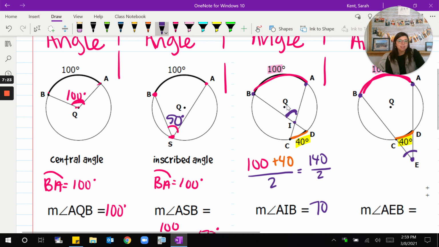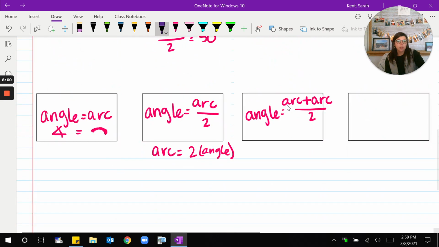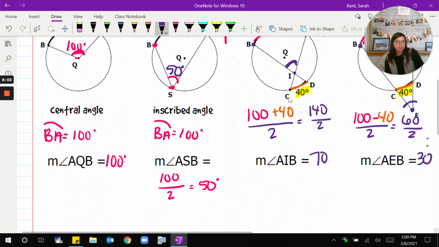And this angle, you can see, is outside of the circle. It is exterior. Whenever we take something out, this is where we're going to subtract. So I'm going to take my bigger arc, which is underneath my picture, but it's 100. And I'm going to subtract the little arc, which is 40. And then again, we will divide by 2. So when I subtract 100 minus 40, that leaves me with 60. And 60 divided by 2 leaves me with 30 degrees.